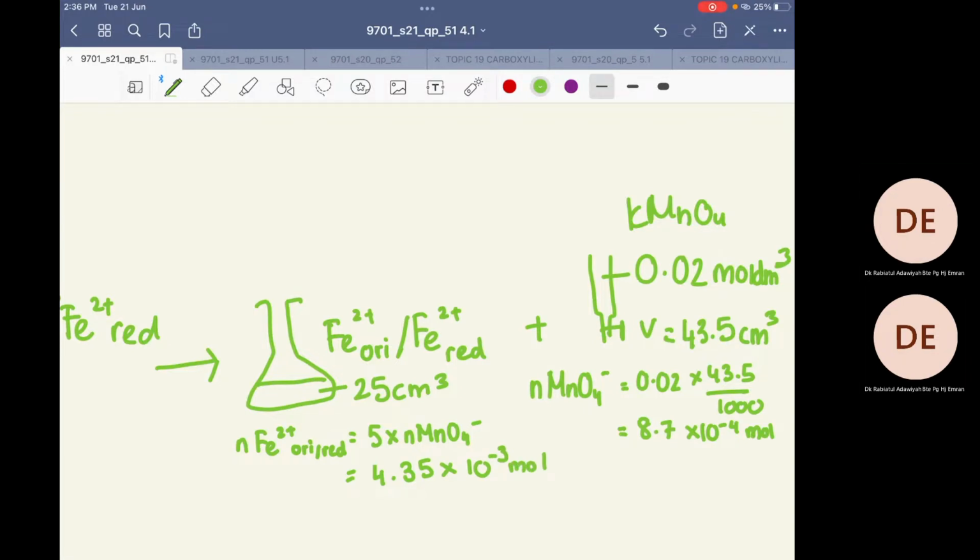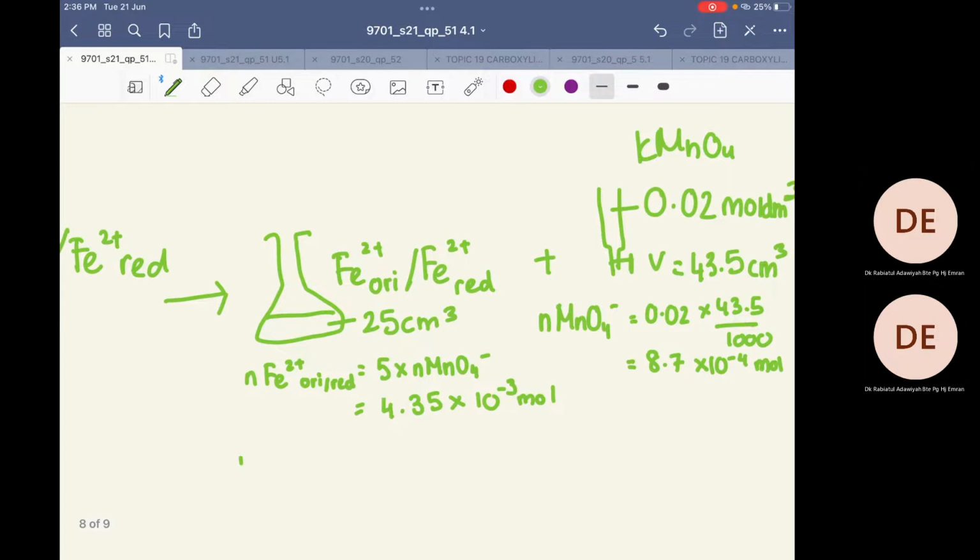But the question wants mass. Mass of Fe2+, again, both ori and reduced, is number of moles times MR or AR in this case. Okay?